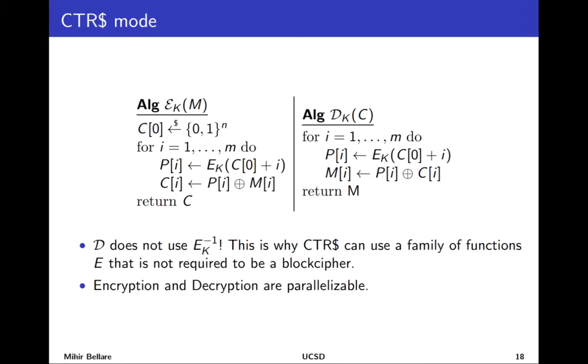But another is that encryption and decryption are parallelizable. So you can encrypt blocks of the message independently of each other in this scheme, which you couldn't do in cipher block chaining because you had to always know the result of the prior block's encryption in order to encrypt the current block. So this on multi-core machines will lead to quite some speed up.